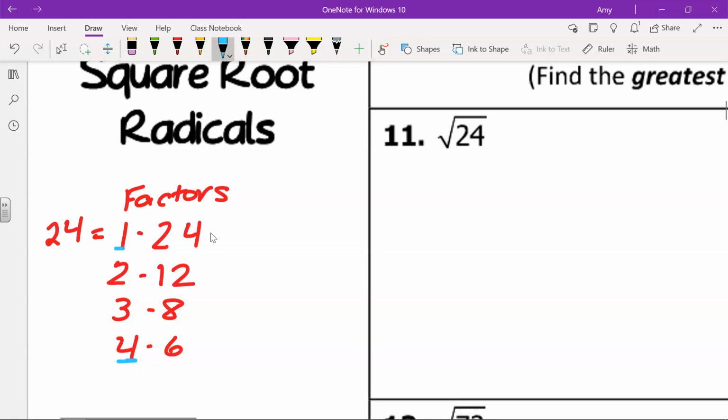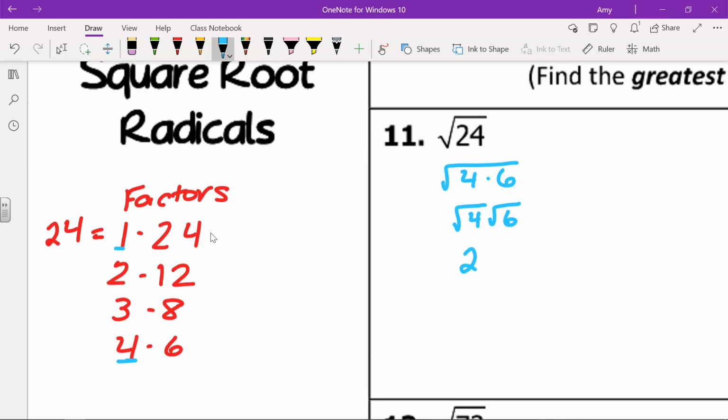So in this case, I can write the square root of 24 as the square root of 4 times 6. And one of our rules of radicals is that you can split up a radical into 2 or more multiplicative values. So I can take the square root of 4 and leave the 6 by itself, because 6 is not a perfect square. So if I take the square root of 4, I get 2, because I know 2 times 2 would give me 4.